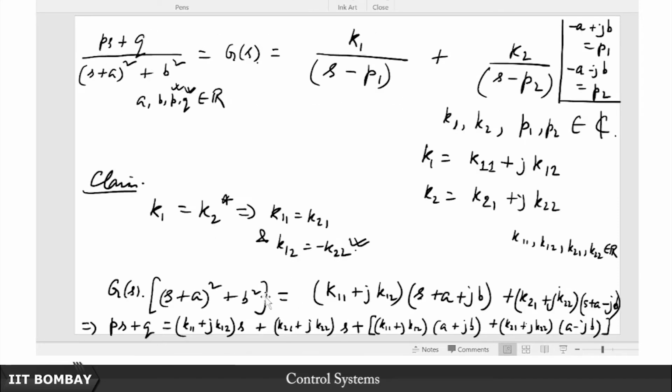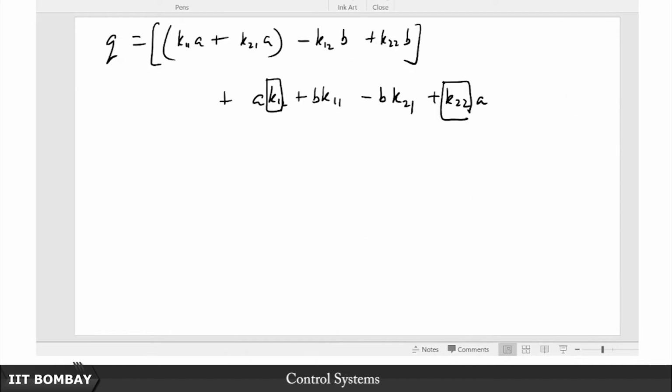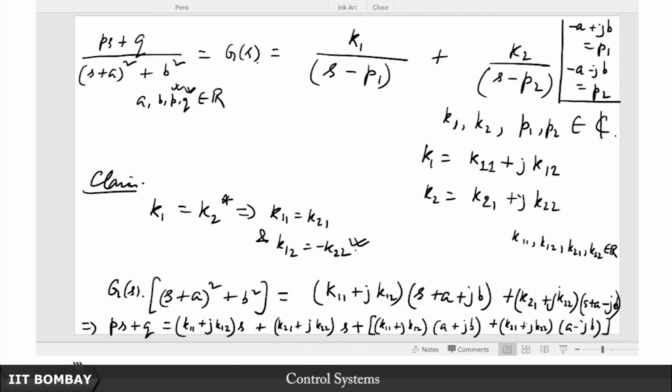Why? Because we have already seen that from the coefficient of S this part must vanish. So we have already satisfied this. Therefore, this and this we can cancel out. What we are left with then is this part, of course, times J, but we know that this must vanish. If this must vanish, then we are basically left to conclude that K11 is equal to K21, which is what we wanted to prove in the first place.